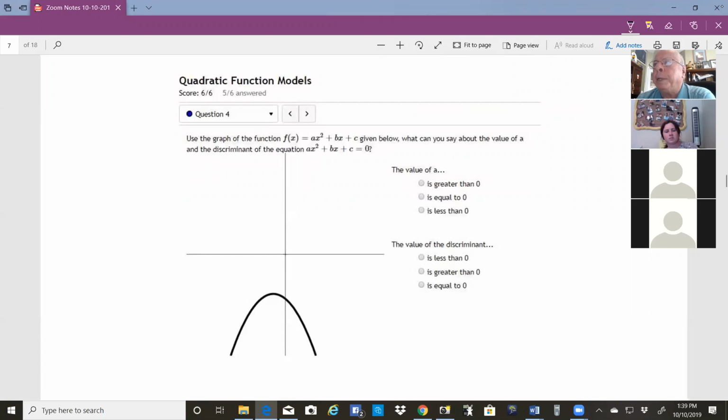So who can tell me the answer to this? The value of a is what? It opens up or down?